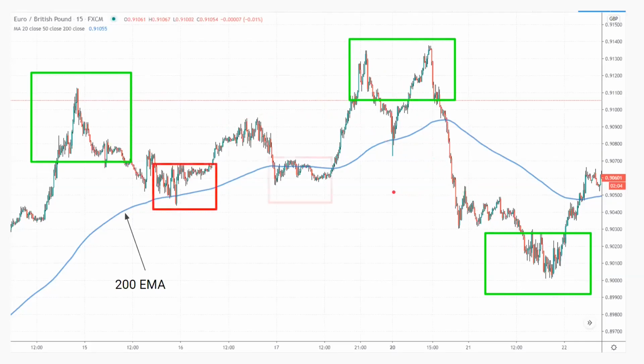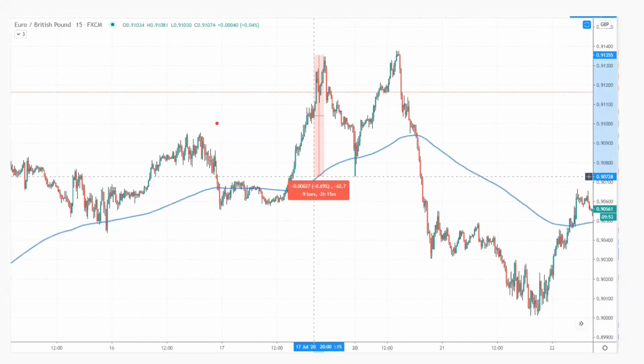The red ones are the ones that you should avoid, because those didn't pull too far away from the 200 EMA. As a rule of thumb, I would advise that we should see a decent pull away from the 200 EMA, which is about a 0.4 to 0.5% move.